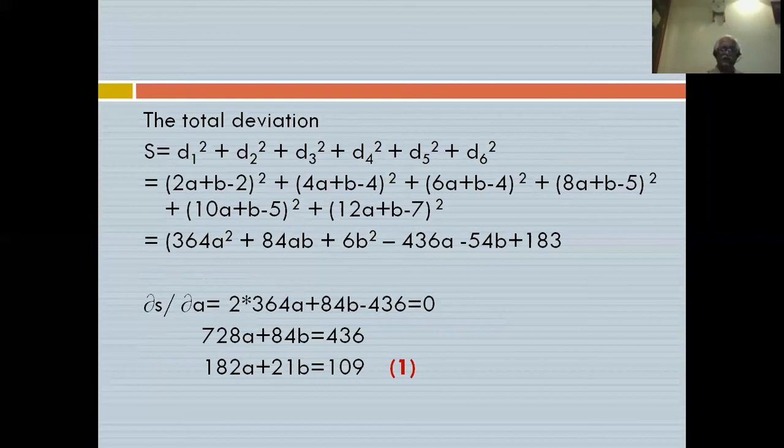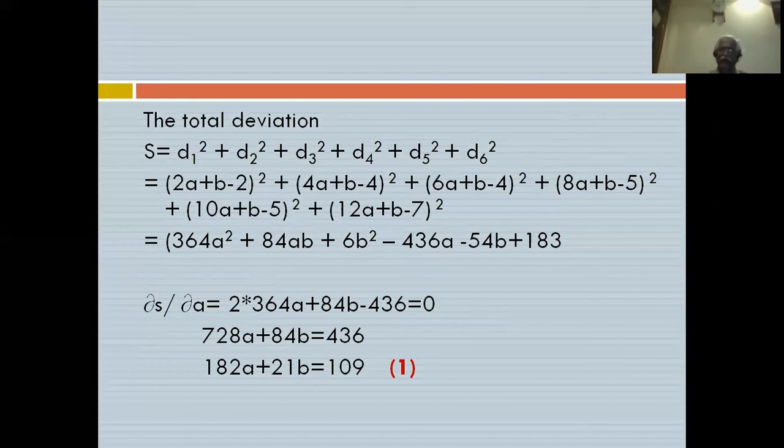And d2 is 4a plus b minus 4, this data also. I am telling you because I cannot go back and forth here. That was the difficulty with this type of training. So I want to discuss this point very clearly with you.